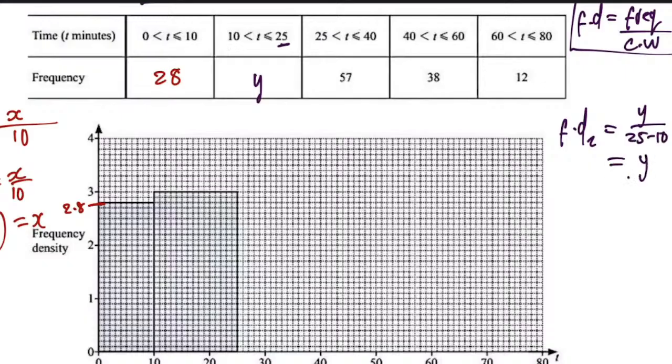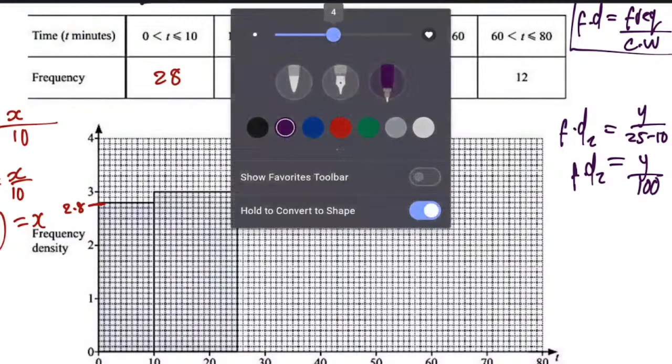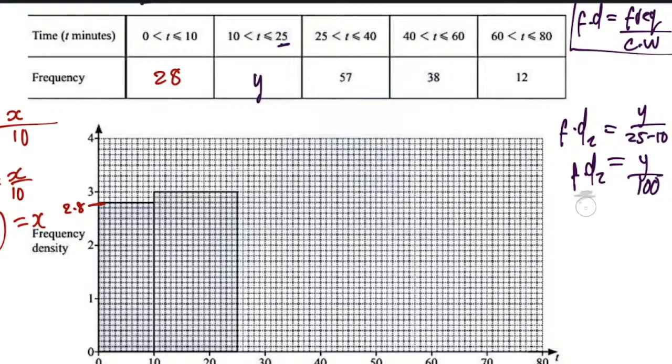So it's y over... Now, what we know is that we know the frequency density for the second one as well. It's right here. It's 3. So we say 3 is equal to y over 100. So you now say 3 times 100 equal to y. That's 300.